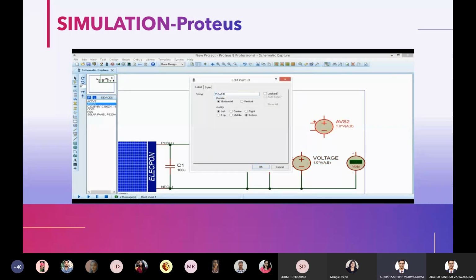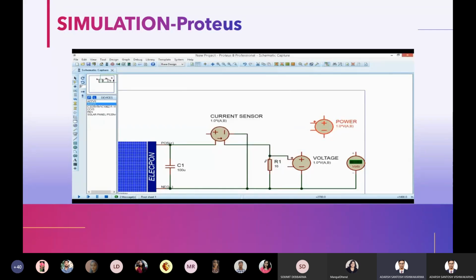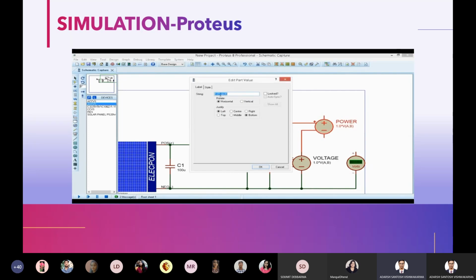It is always recommended to rename the components which have been connected, because a person who has not built the circuit won't have a clear idea as to what components have been connected.